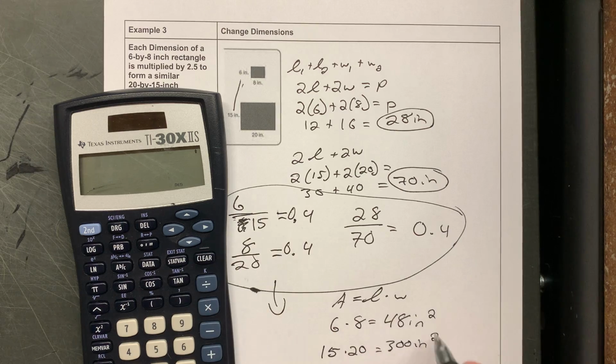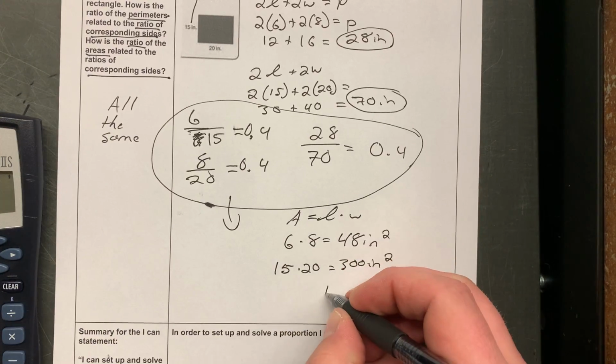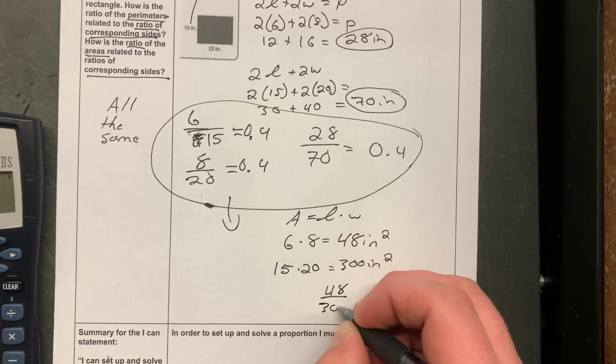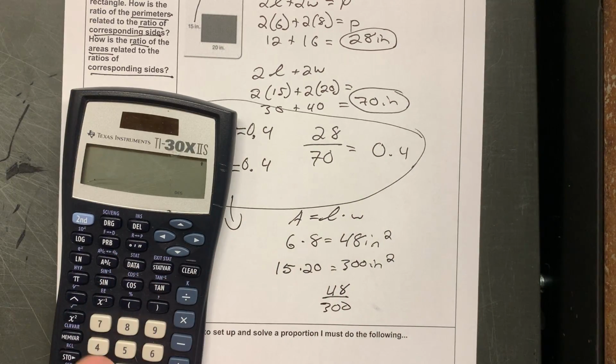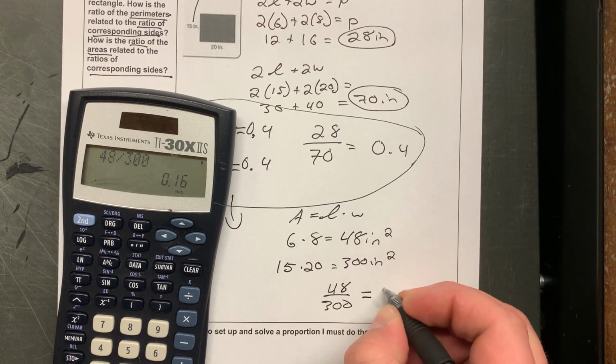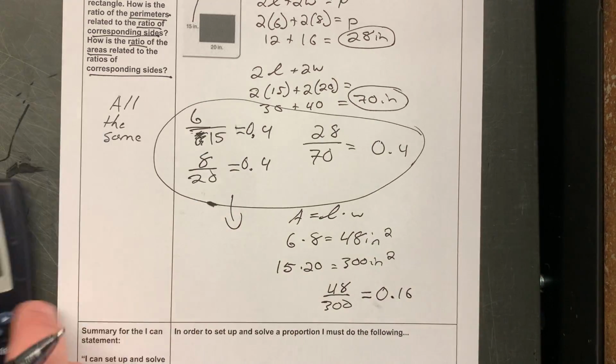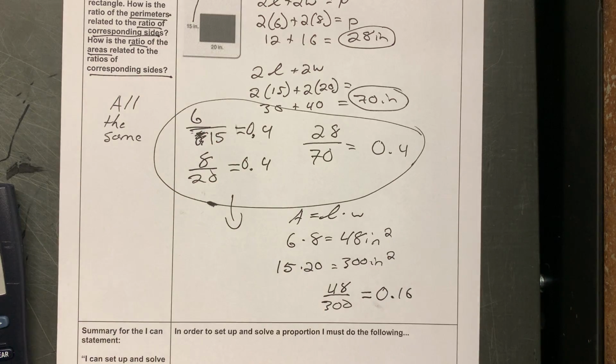I'm going to set these proportionally to each other just like I do with those. So let's try it. 48 divided by 300. Am I going to get 0.4 again? Or am I going to get something different? I end up with something different. So my corresponding sides and my area are not the same.